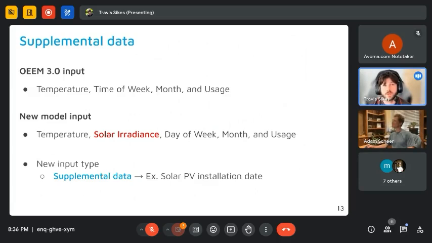And for our data set, we need a significant amount of data. And we ran into a bit of an issue with commercial data in particular, because we have to go back to prior to COVID, because we need as static a data set as possible. So we need 3 years prior to COVID. And in all of our data sets, we have a rather limited number of commercial buildings where they have solar PV installed throughout that entire period.